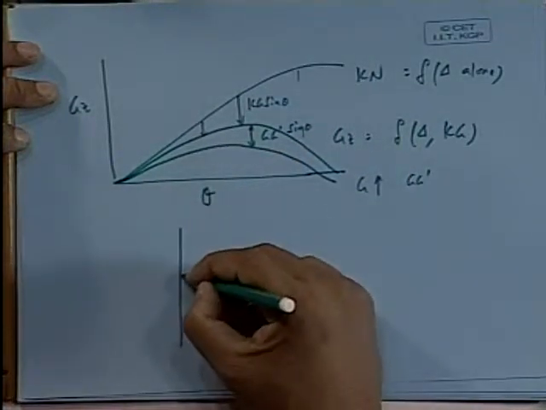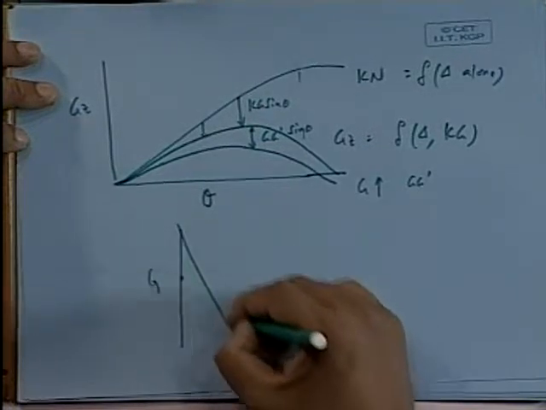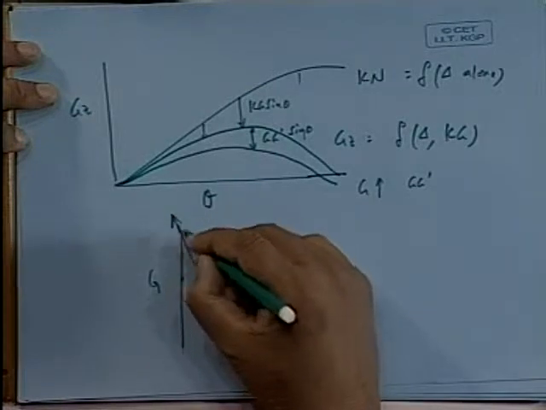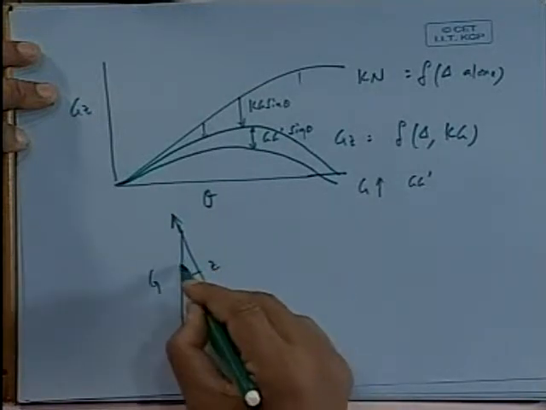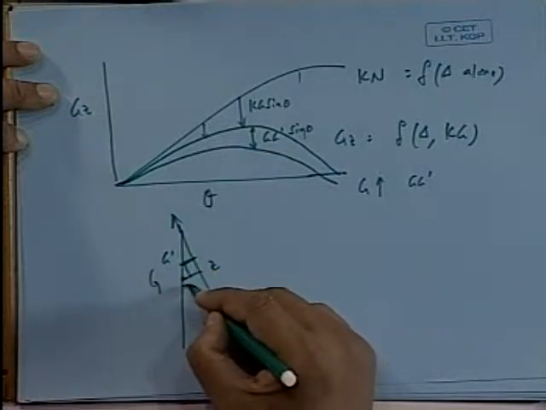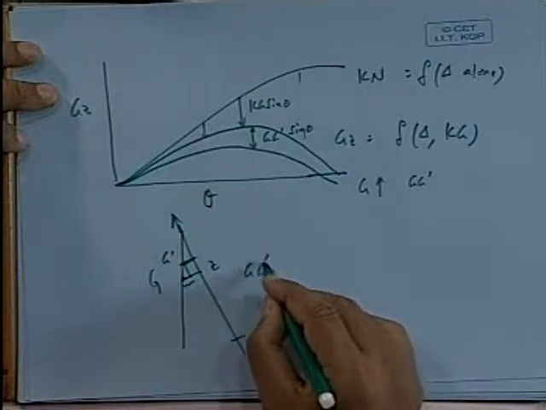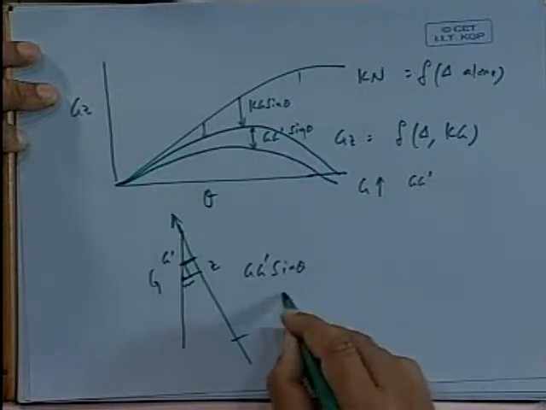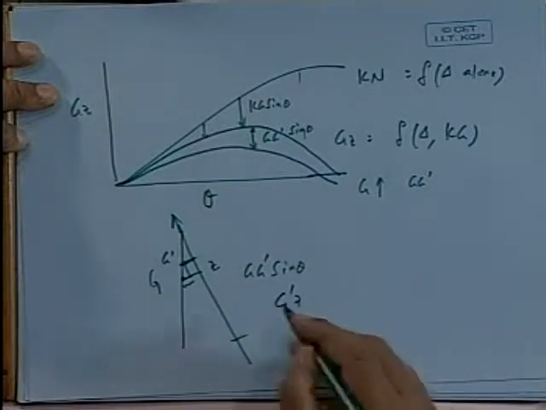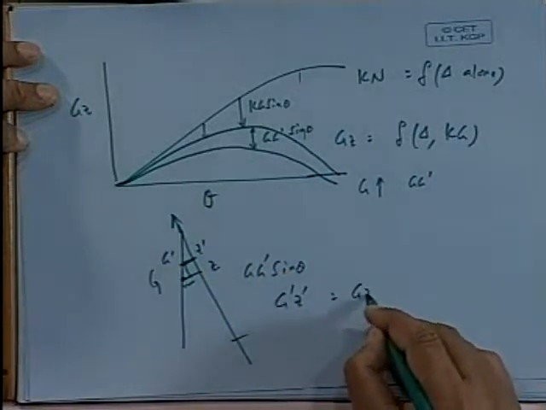This was my G, this is my force and this is my GZ. Now if my G goes up to G dash, then my GZ is reduced by this amount, so G dash Z dash equals GZ minus GG dash sin theta.